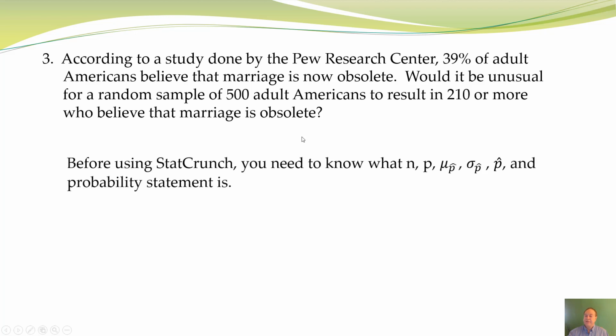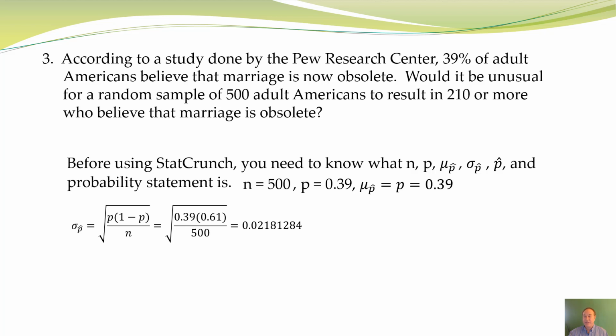Now, once again, we need N, P, mu of P hat, sigma P hat, and the probability statement. Now, this problem is a little different. So I just gave you different examples with a little twist in each one. So in this case, N is still 500, P is still 0.39, mu of P hat is still 0.39, sigma P hat is still the same.